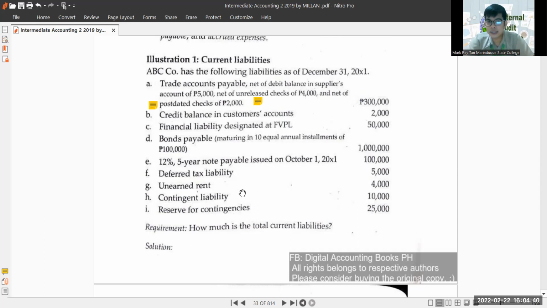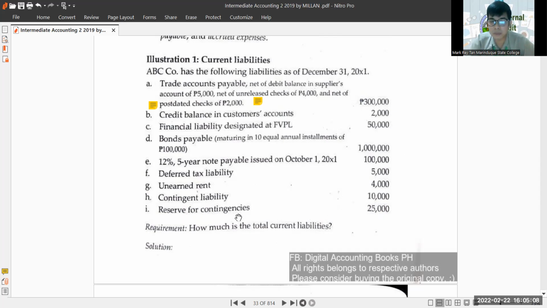Contingent liability, it's not part of the current liability kasi nga contingent pa siya. It will be discussed a little later sa mga future topics. Kung sinabi natin contingent liability, hindi mo pa alam kung kailan mo siya babayaran. Reserve for contingencies, so isa pa ito.